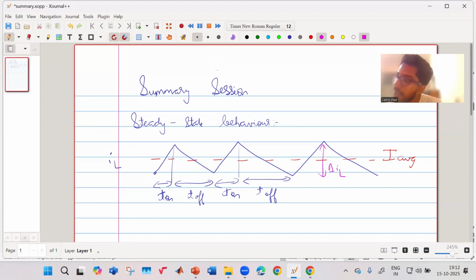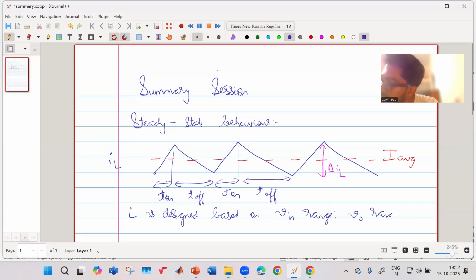Let us say you will have to design the inductance, the L. L is designed based on your input voltage range, your output voltage range, etc. Your switching frequency and all.